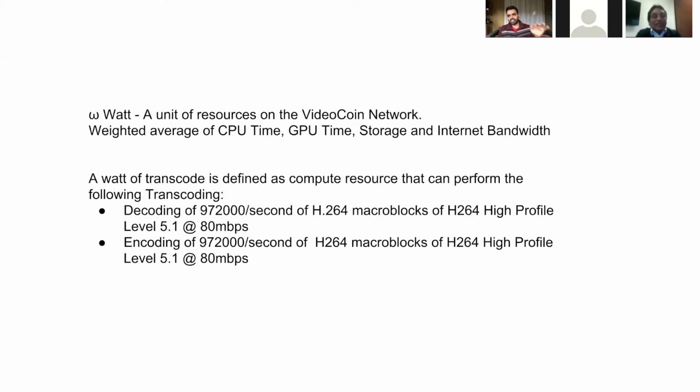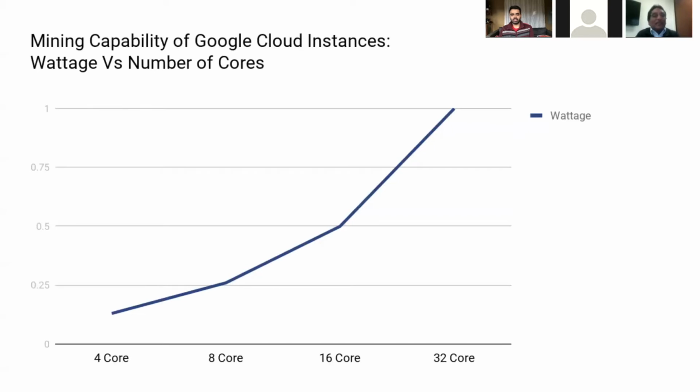In this case, you can see he's defining a watt as decoding and encoding X number of macro blocks at a set profile and at a set bitrate. So this helps us establish what the processing power of a particular compute node is. From there onwards, it helps us establish more data around it. So this brings us to the next slide, which Ram was talking about. Ram, do you want to go now?